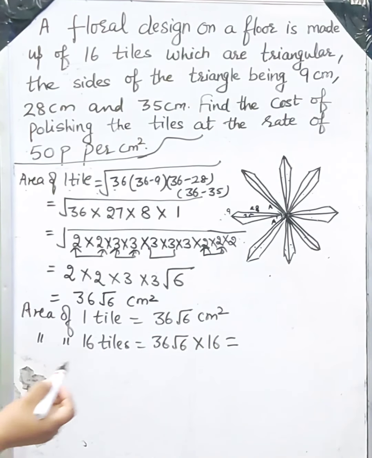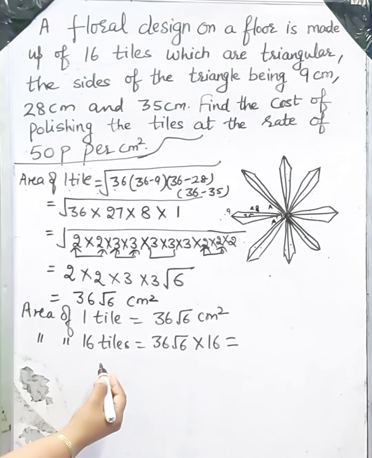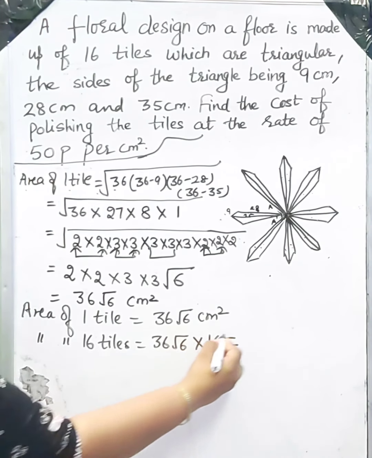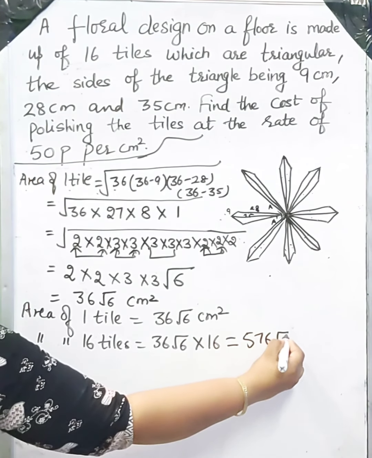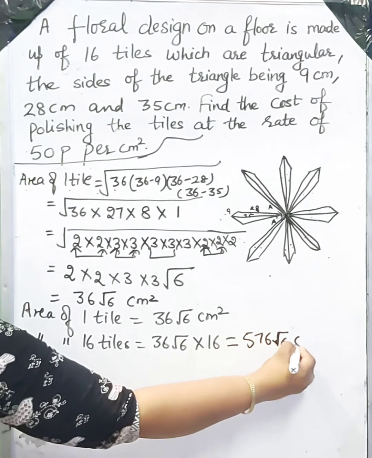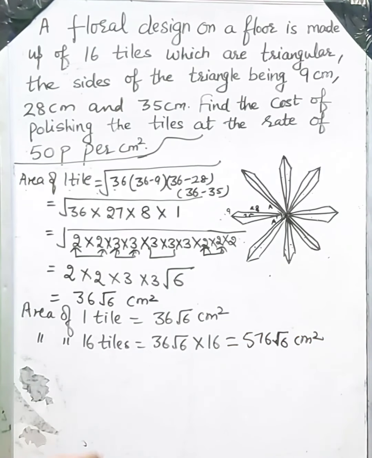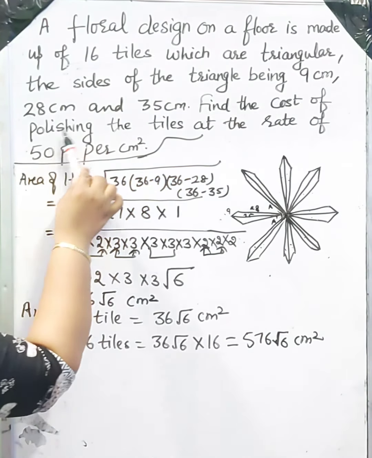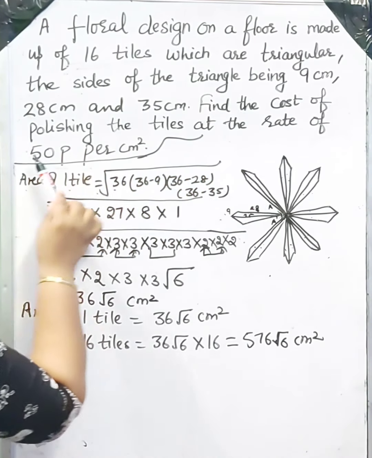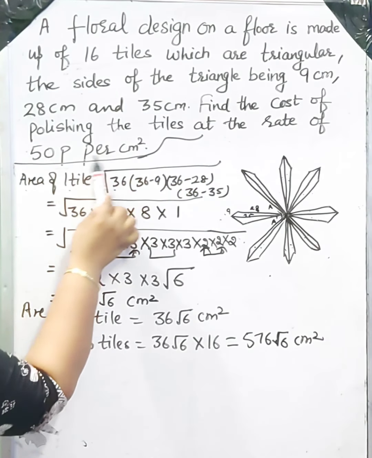Now multiply these two numbers. Product will equal to 576 under root 6 centimeter square.